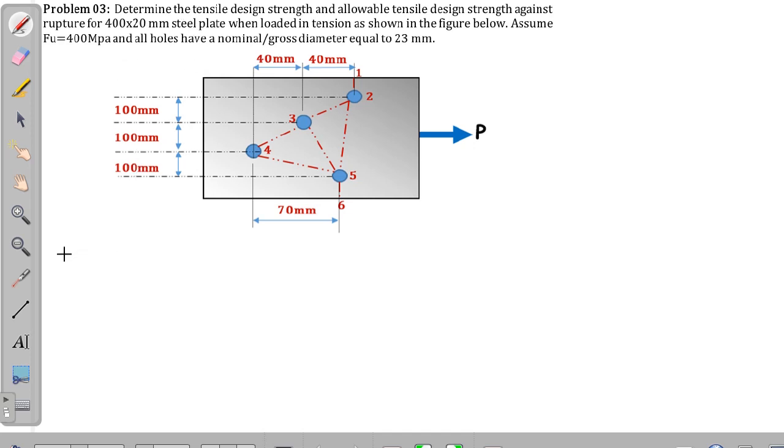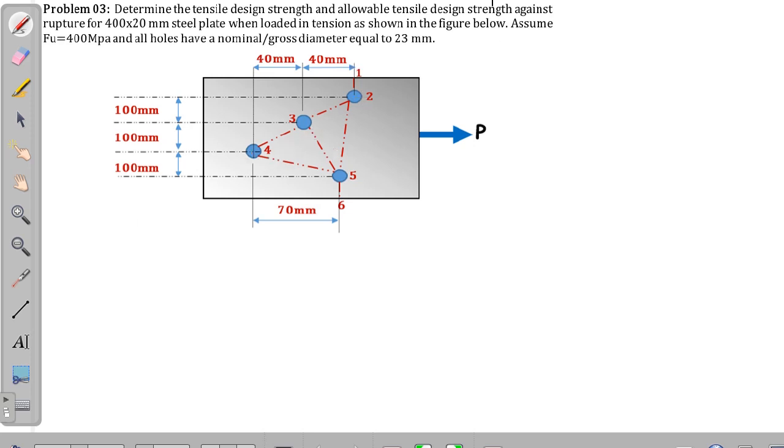Okay? So our required here is we have to solve the tensile strength against rupture. So against rupture. So we have here, in the figure, we have here a staggered hole. So gagamitin natin yung Cochrane equation in solving for the net area. Okay?